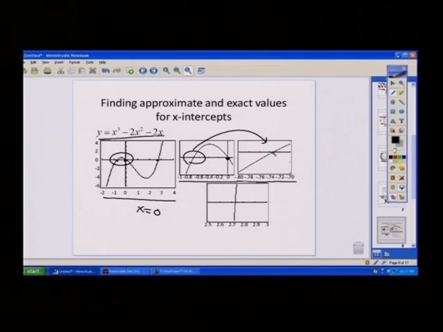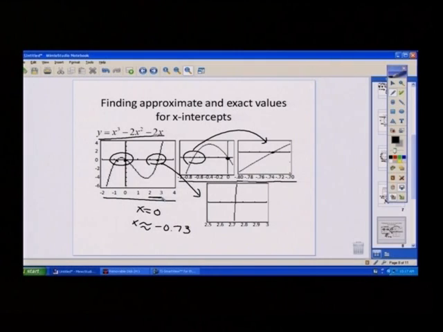So if I were to approximate that x value, it is approximately -73/100.